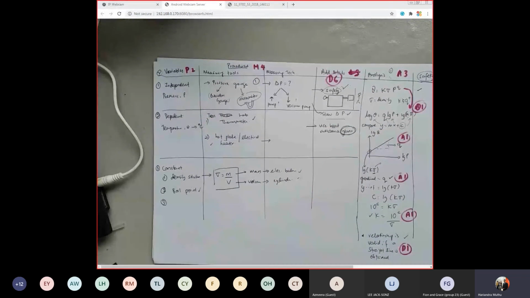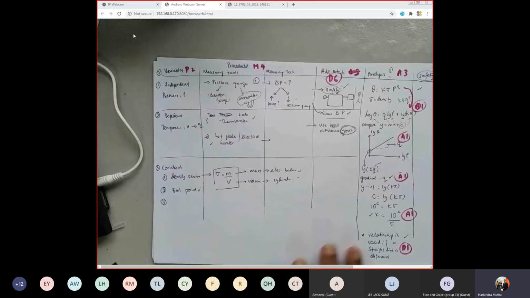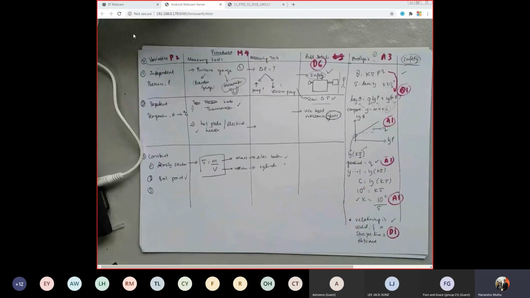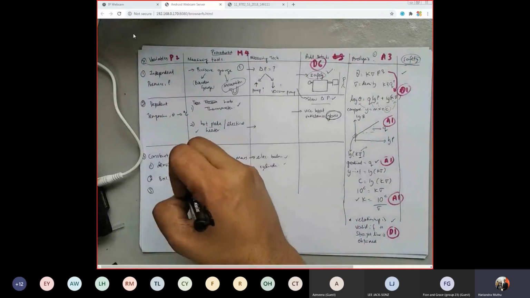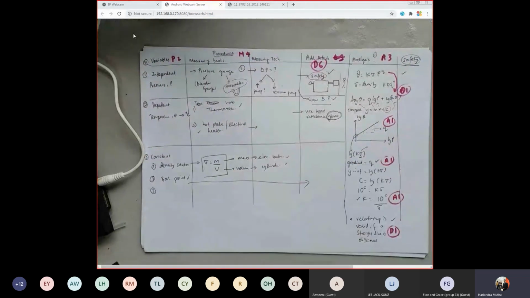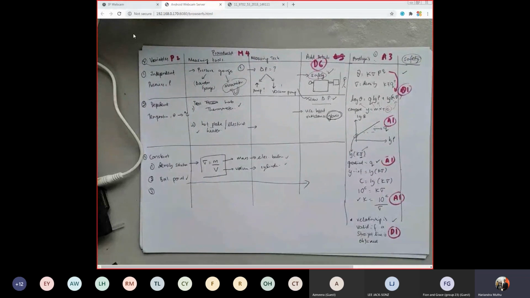Okay. All right. What else can we add to this? The question says something about boiling point, right? How do we know that the object has reached its boiling point?